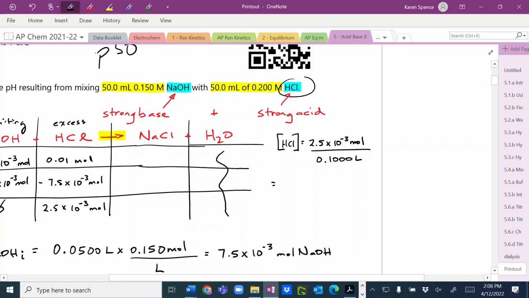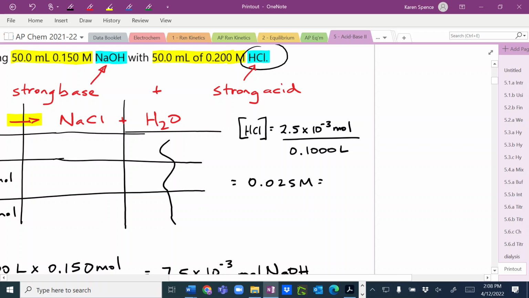Okay, so divide by 0.1 equals 0.025 molar, and that is also equal to what? If that's our HCl concentration, it is also our H plus concentration because it dissociates completely 1-to-1.